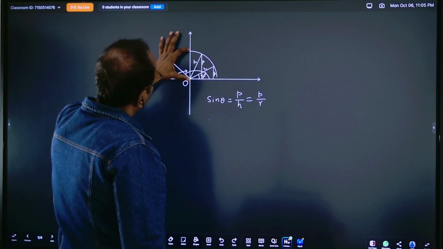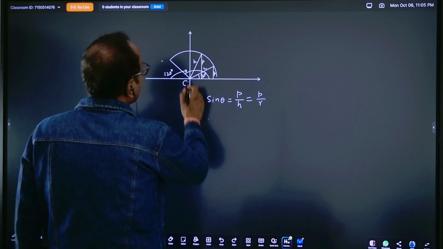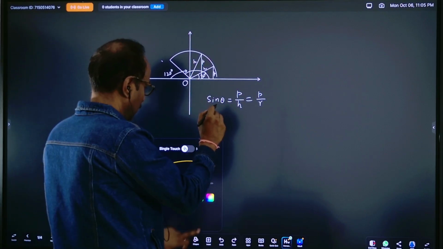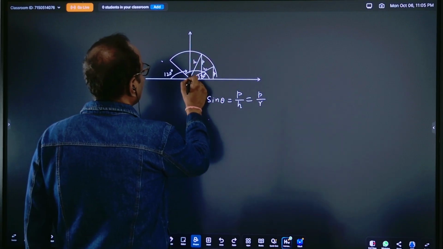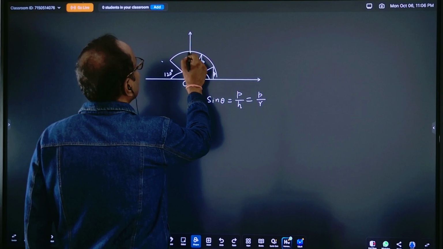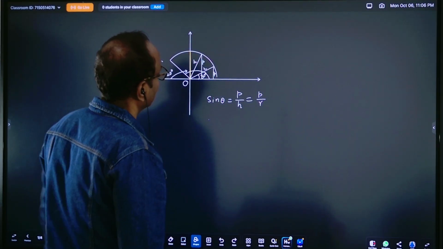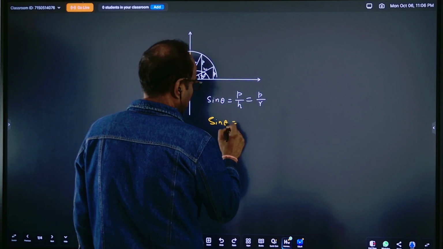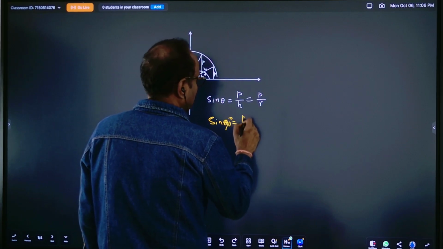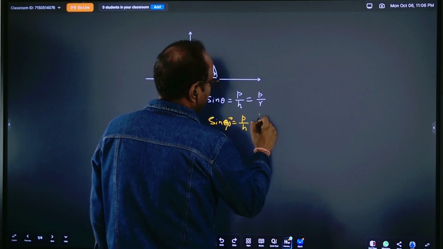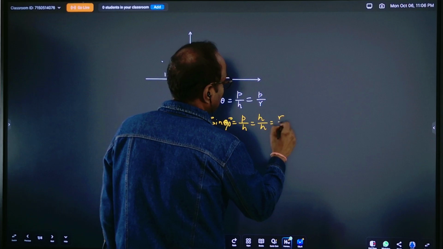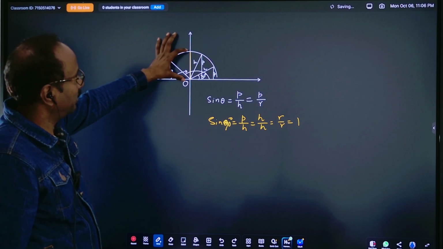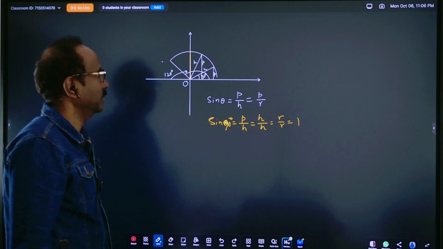When the angle becomes 90 degree, your P and H coincide, the length becomes equal. So in that case, sin 90 degree, P and H become equal. So it is 1. So this is the place where the sin theta becomes maximum, that is 1.